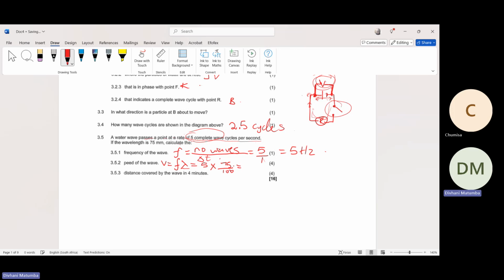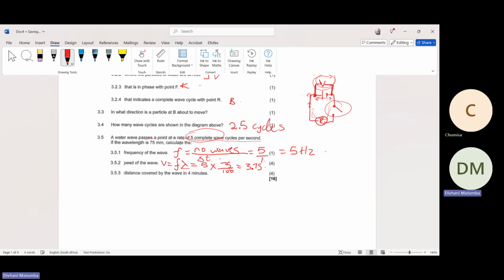So it's going to be 5 times 75 divided by 100. We are getting a value of 3.75. What is the units of speed? Seconds?